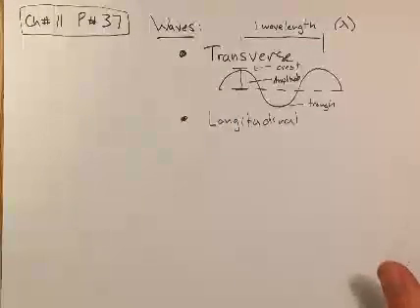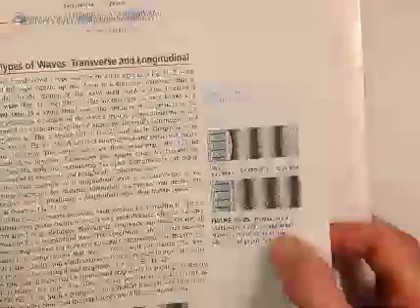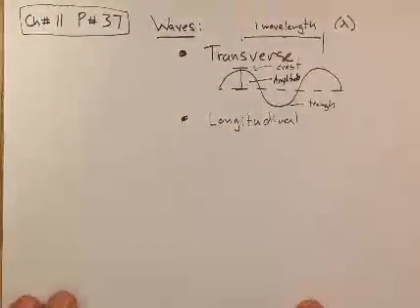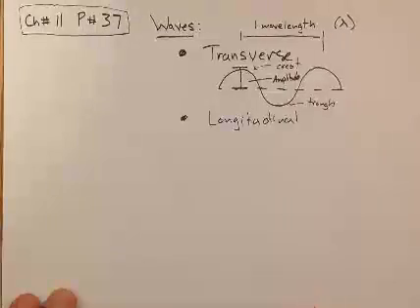Now I'm going to have a hard time drawing a longitudinal wave for you, but longitudinal waves deal with compressions and rarefactions. So in air, it's like the air's being squished together or pulled apart. You could also do this with a spring. Sound is a good example of a longitudinal wave.